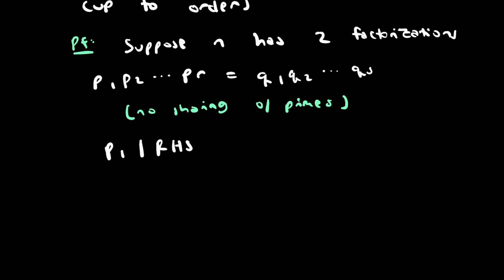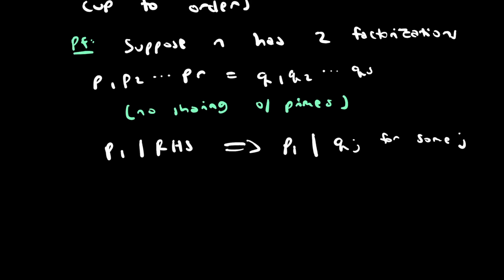And by corollary 1.16, P1 must divide one of the prime factors Q in there. So what that means is P1 has to divide some Q sub J, for some J, by corollary 1.16.